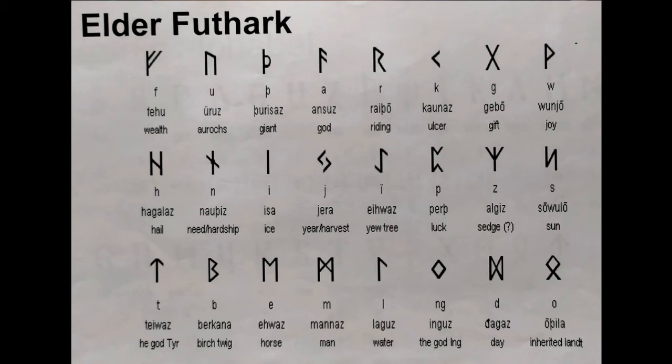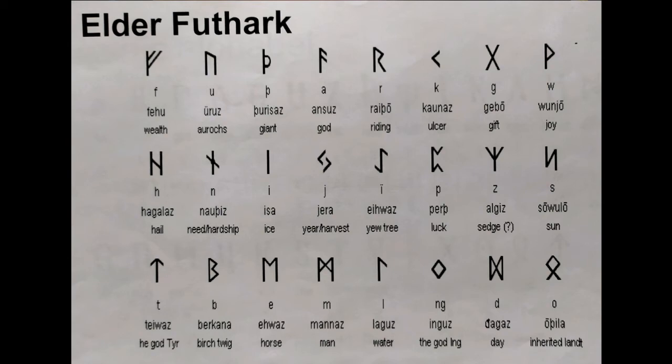Wulfila needed an alphabet for the Gothic language, because those runic letters would not perform this function, because they were aimed at writing on hard surfaces, but not on paper or parchment.